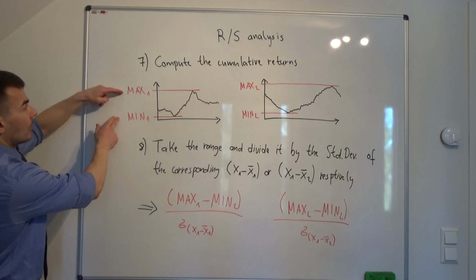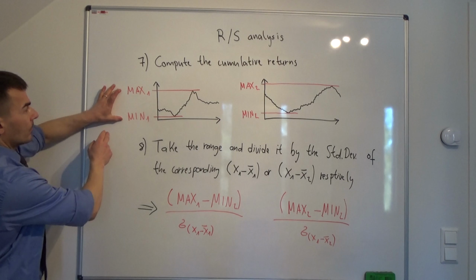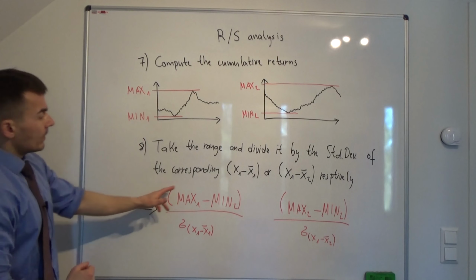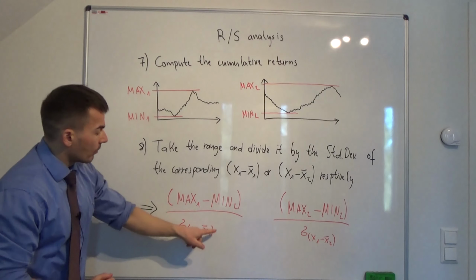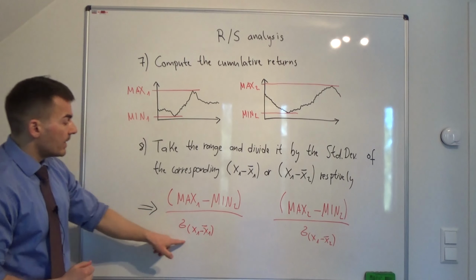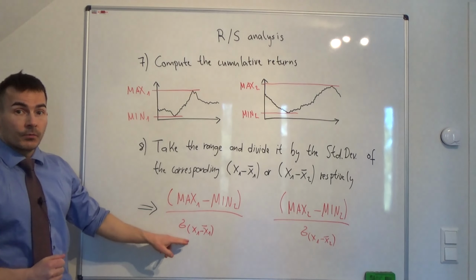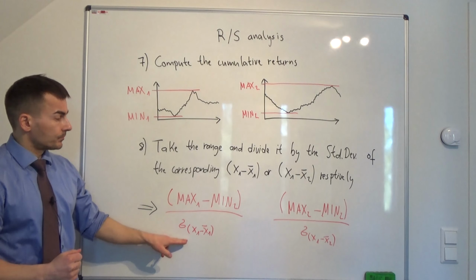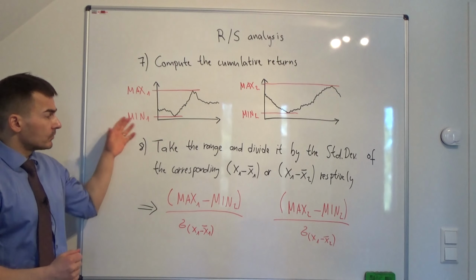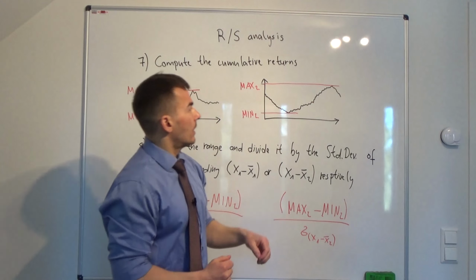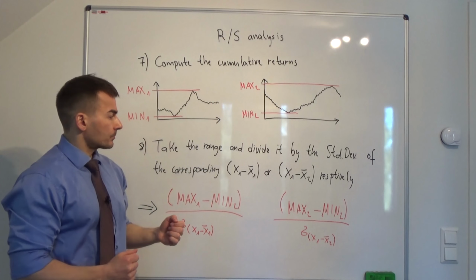So that's the corresponding range for the first subcluster. And then we have to divide it by the corresponding standard deviation of the corresponding demeaned return subvector. And we have to do that obviously for both of the clusters.